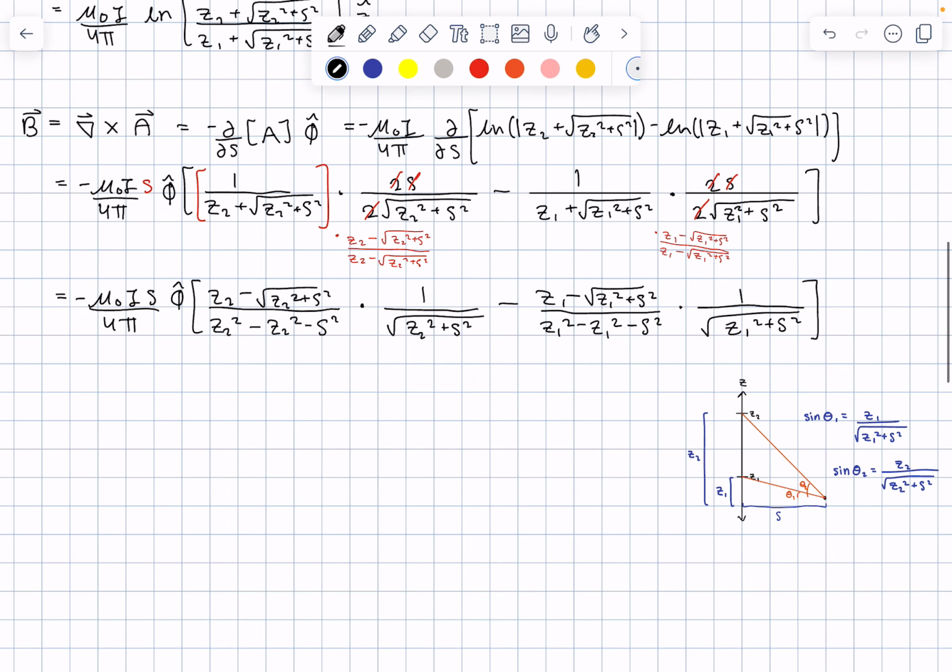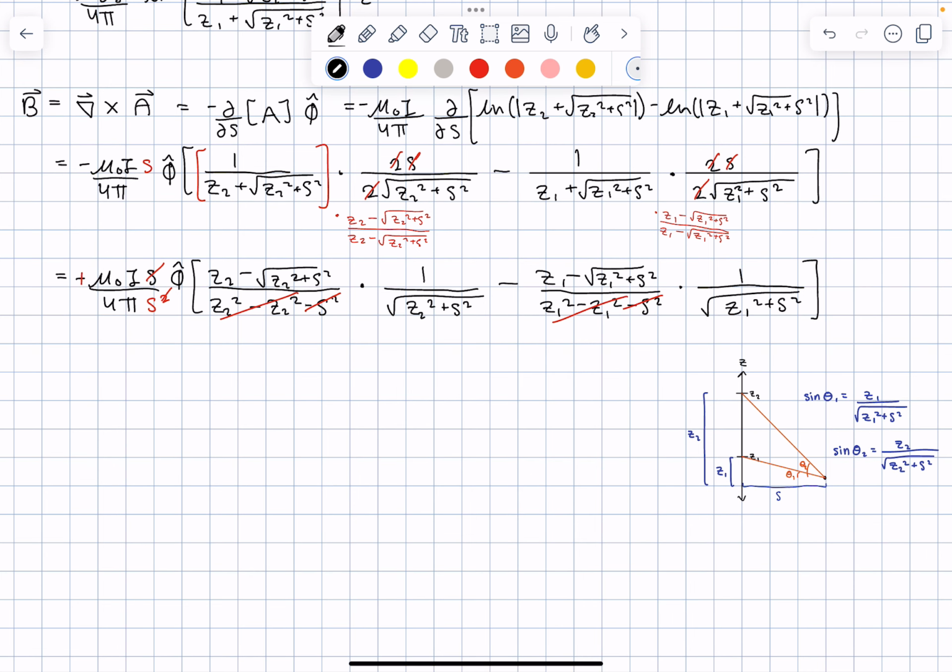And some terms cancel again, so these go away and these go away, and we can actually pull out our negative s squared, so that will get rid of that negative and we'll have s squared on the bottom, and then that can cancel our s on the top. So there we go.